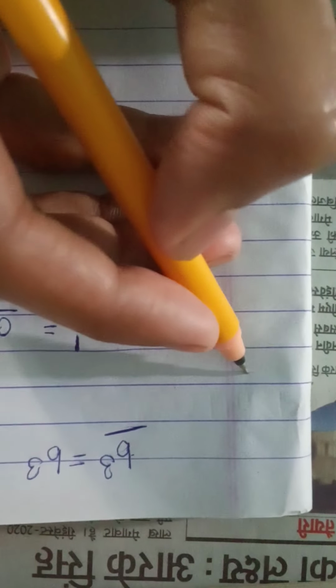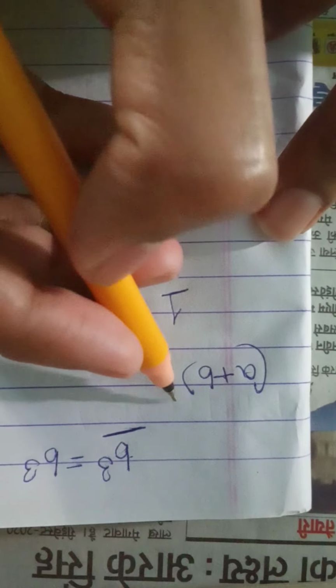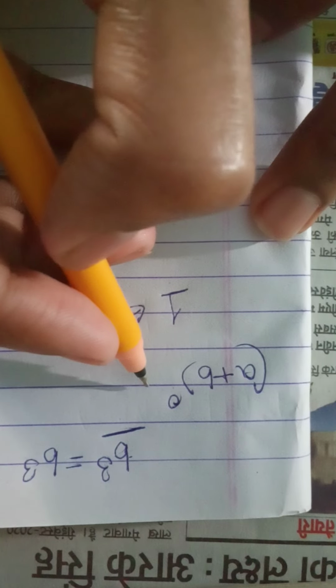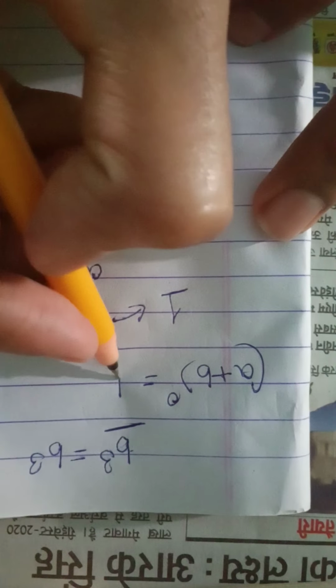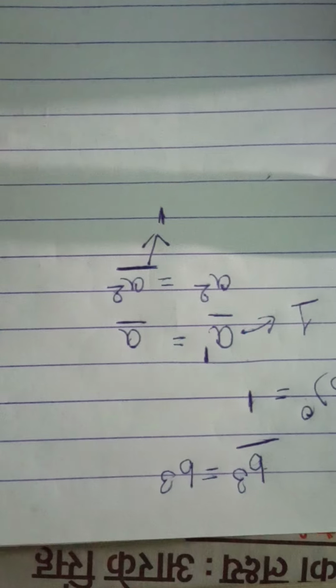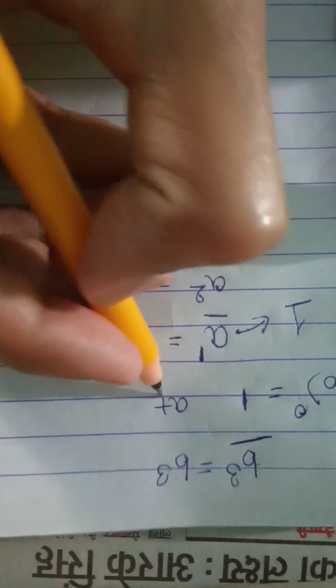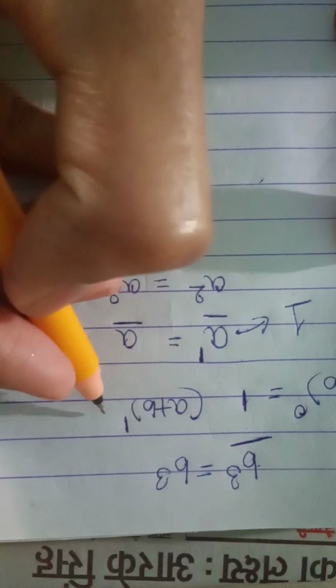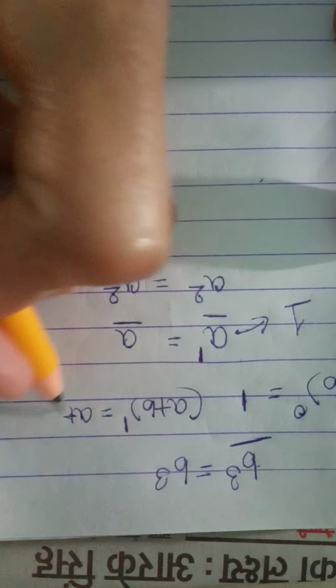Similarly, in two digit expansion, a plus b to the power 0, we get 1. If we take another example, a plus b to the power 1, we get 2 digits.